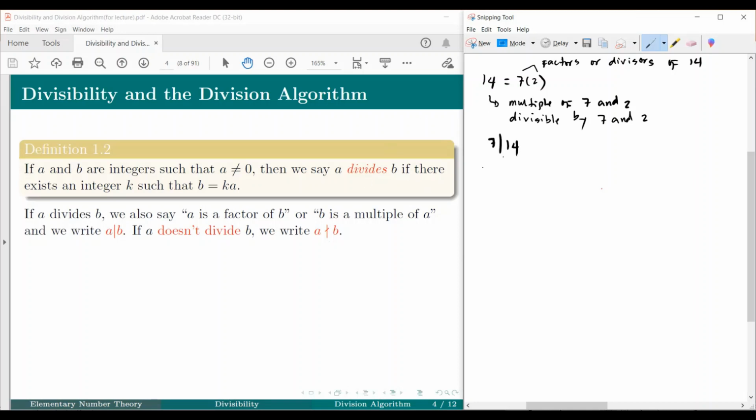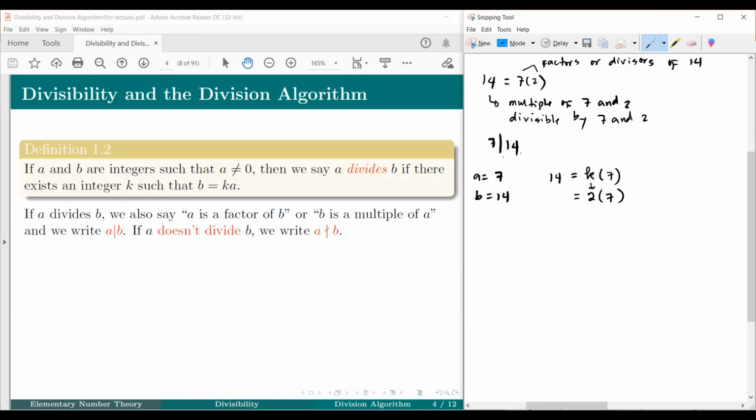Because from the definition, if A divides B, where A here is 7 and B here is 14 in our example, there exists an integer k such that we can write down 14 equals k times 7. So we know that 14 is equal to 2 times 7. So our k therefore is equal to 2. The existence of k, an integer. We know that 2 is an integer here. So we can say that 7 divides 14.